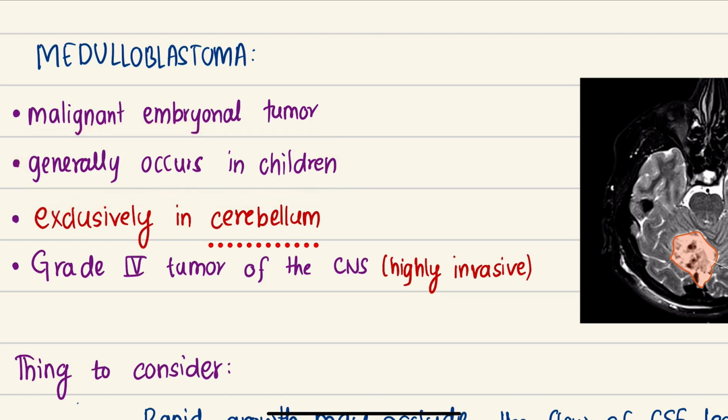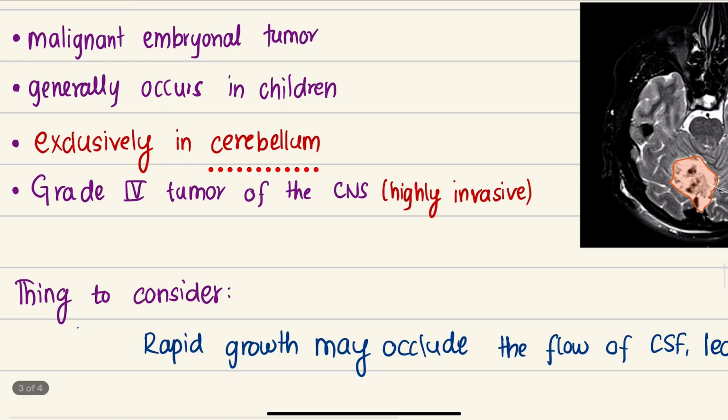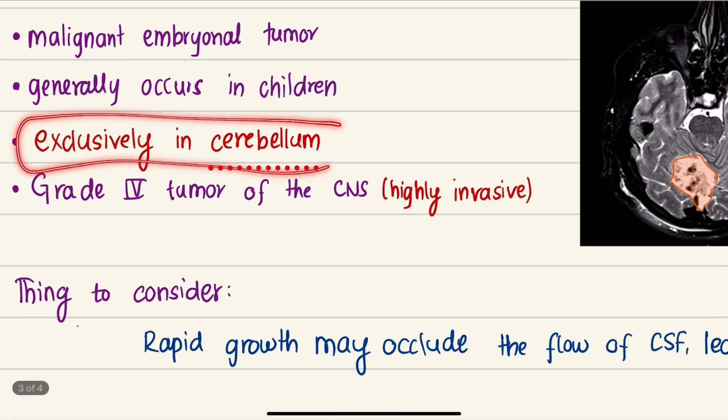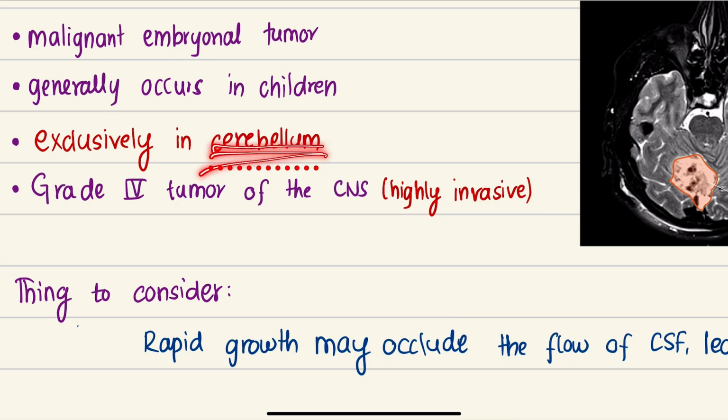The cases of this happening in adults have not been significant or are very rare, so we don't really diagnose these in adults. This is exclusively in the cerebellum, but we're going to talk about cases where this may spread and metastasis may be seen, but exclusively it starts in the cerebellum.